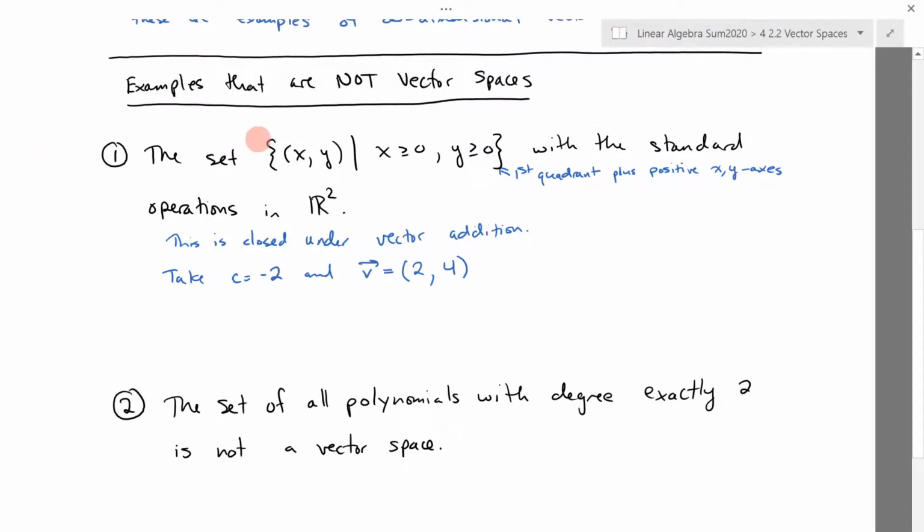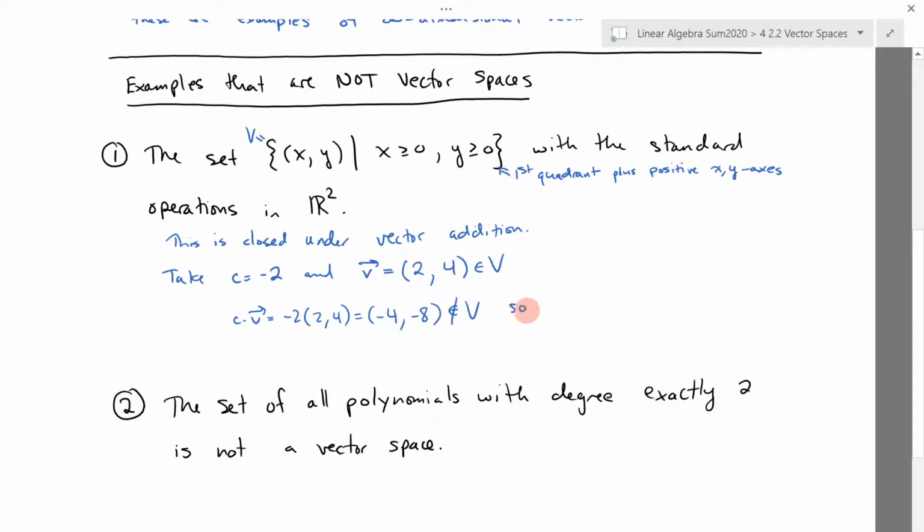This is in my set V, but c times v is -2 times (2, 4), which is (-4, -8), and this is no longer in my set because it doesn't satisfy these properties.